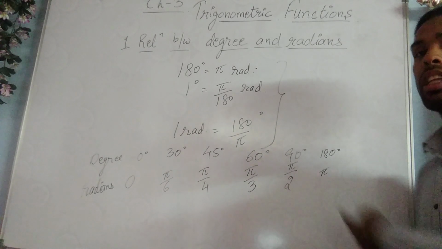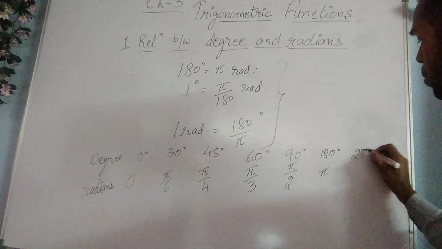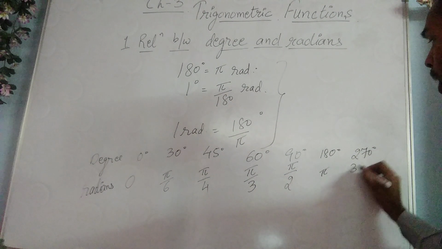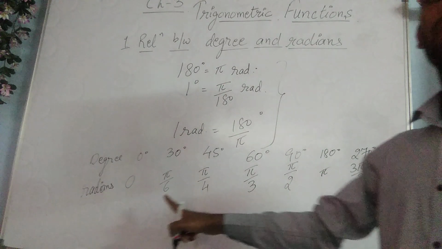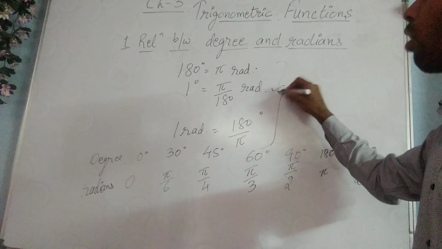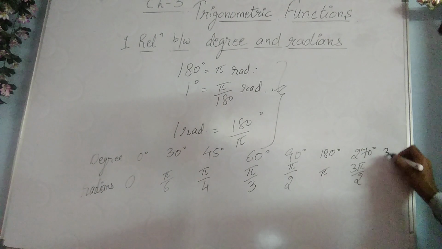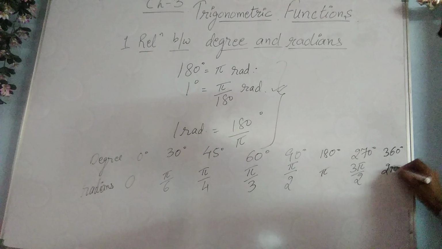So you can very easily understand this. After that, one important measure is 270 degree. 270 degrees equals 3 pi by 2. Again, all these measures you can evaluate using this formula or this relation. And lastly, 360 degree is equal to 2 pi.